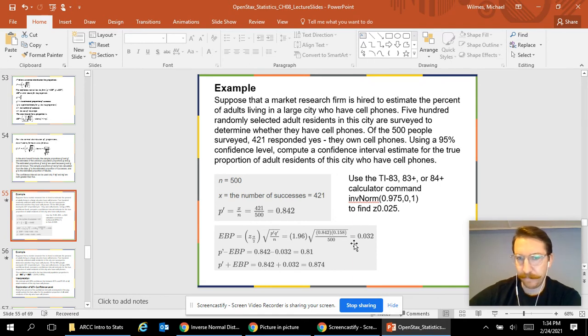That's our EBP. We subtract it from the chance for success and add it to the chance for success, and we get our range, 0.81 to 0.874. So for the whole city, we're 95% sure that between 81 and 87.4% of the people have a cell phone.